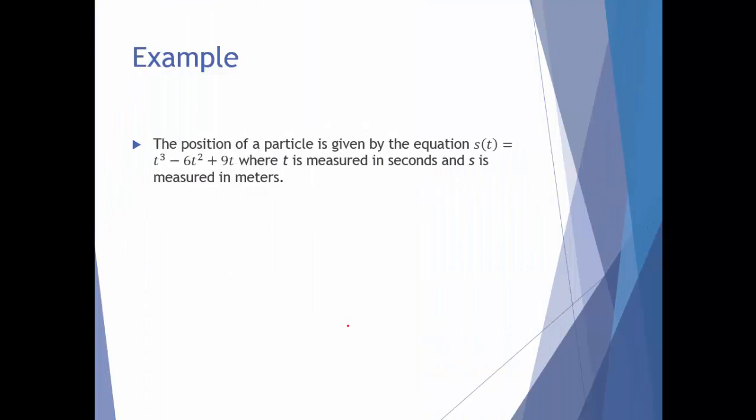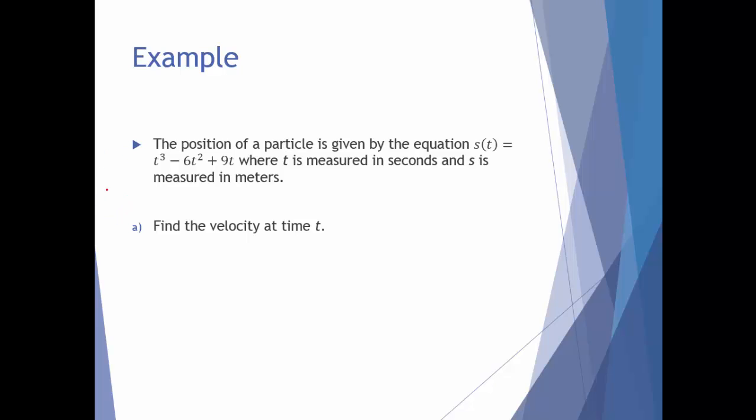The position of a particle is given by the equation s of t equals t cubed minus 6t squared plus 9t, where t is measured in seconds and s is measured in meters. We're going to go through a series of questions about this specific particle. The first question is simply going to be, find the velocity at time t.